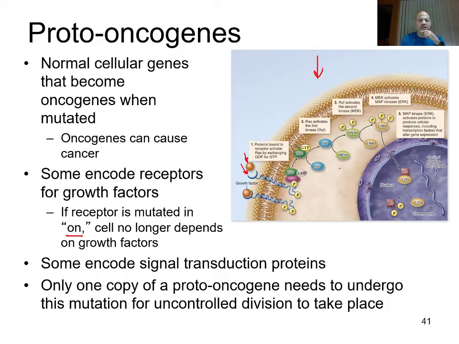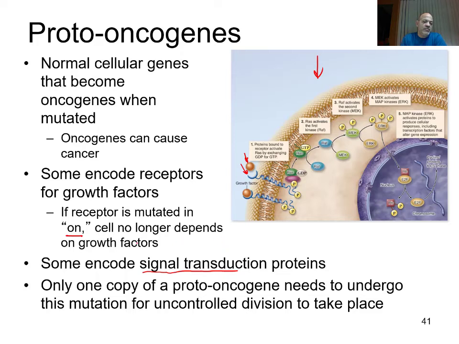That would be bad. And so that's an example of proto-oncogenes. These would be genes that code for these kinds of proteins that are involved in these transduction pathways. We call that signal transduction because you bring the signal in and then it causes that cascade of reactions that activate the cell to go into cell division.